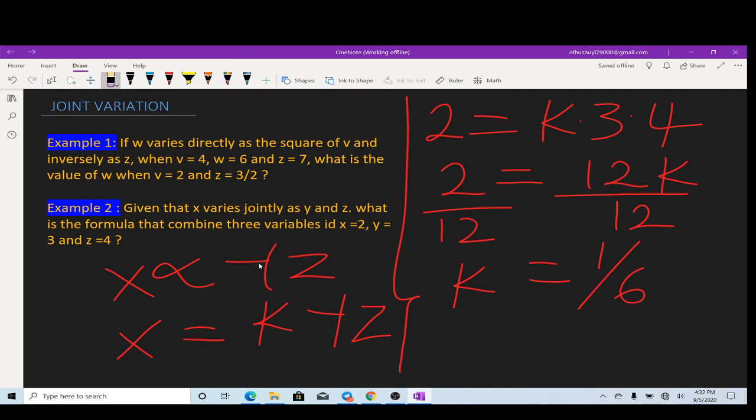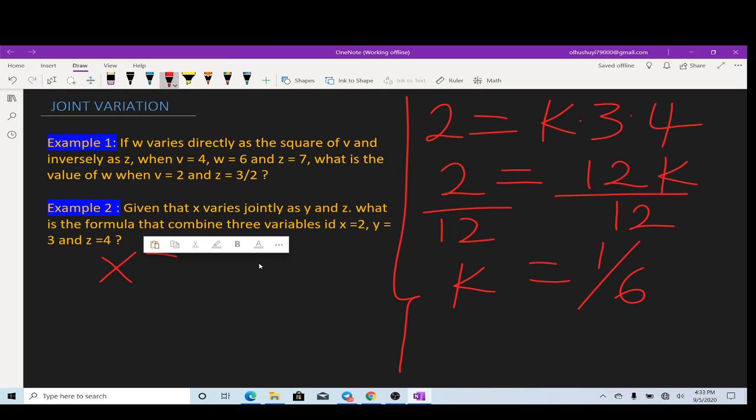Now back to the question. The formula that combines the three variables will be what? All you have to do is write the value of your constant in the formula that you wrote.